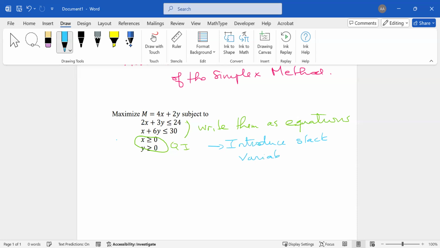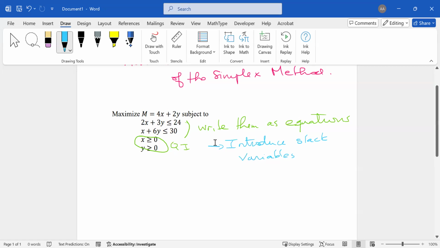We can transform an inequality into an equation by introducing a variable. So basically, it's a deal where you win some and you lose some. You win some because you're making it an equation, which is easier to handle than an inequality, and you lose some because you're adding more variables.